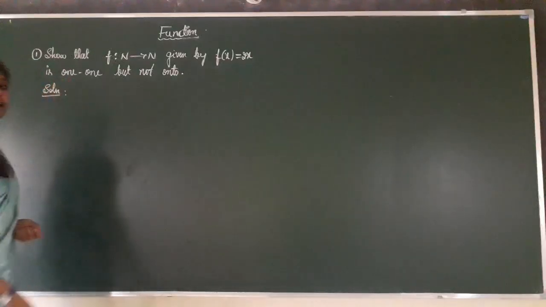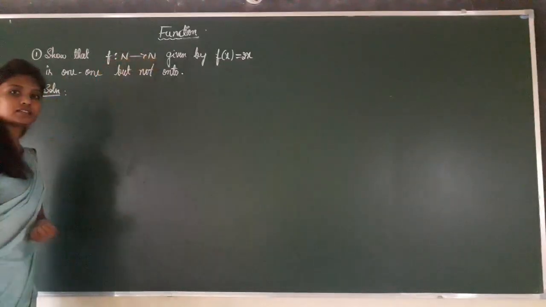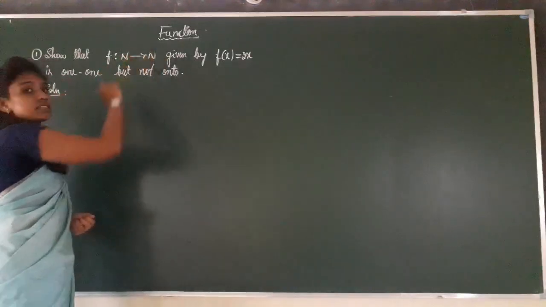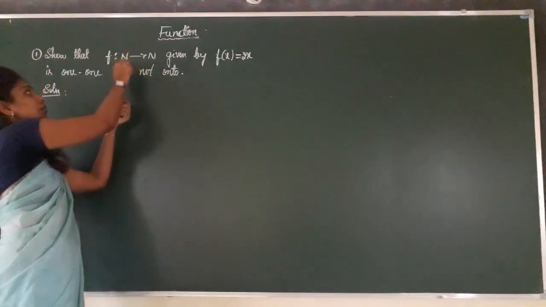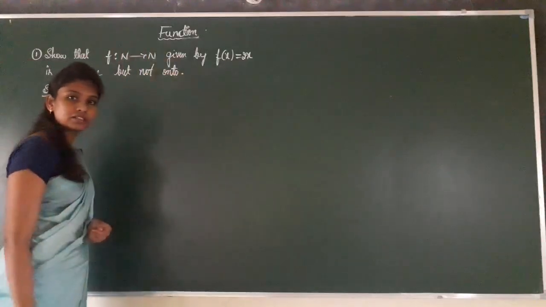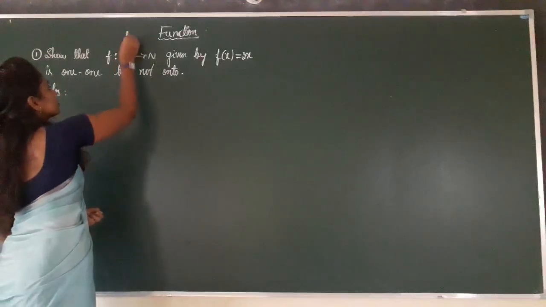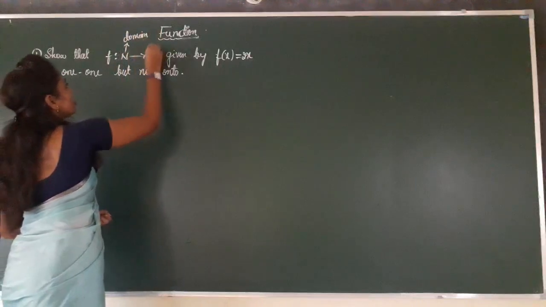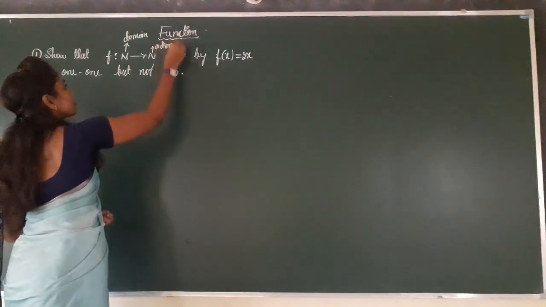here the given function is f from N to N, where N is the set of natural numbers. A function is defined from the natural numbers to natural numbers. Domain is natural number and codomain is also natural number.